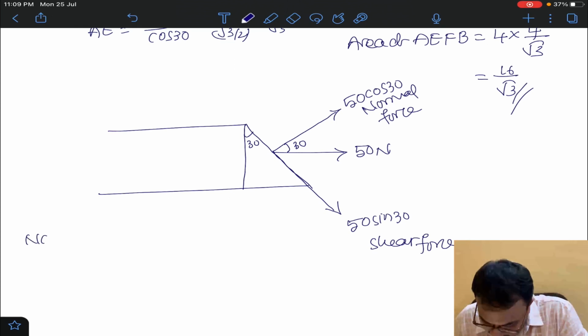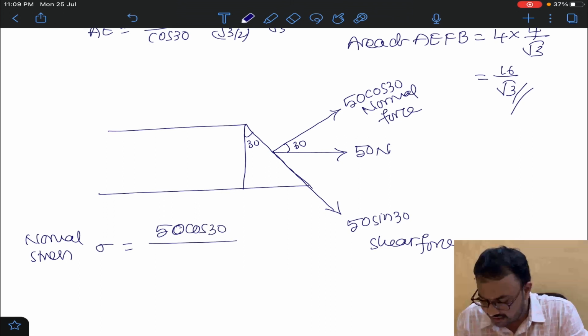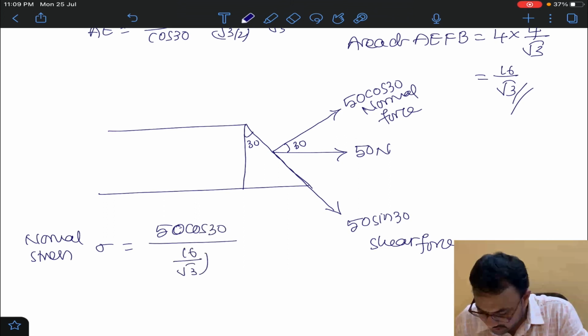Now normal stress sigma is equal to normal force 50 cos 30 divided by area 16 by root 3.